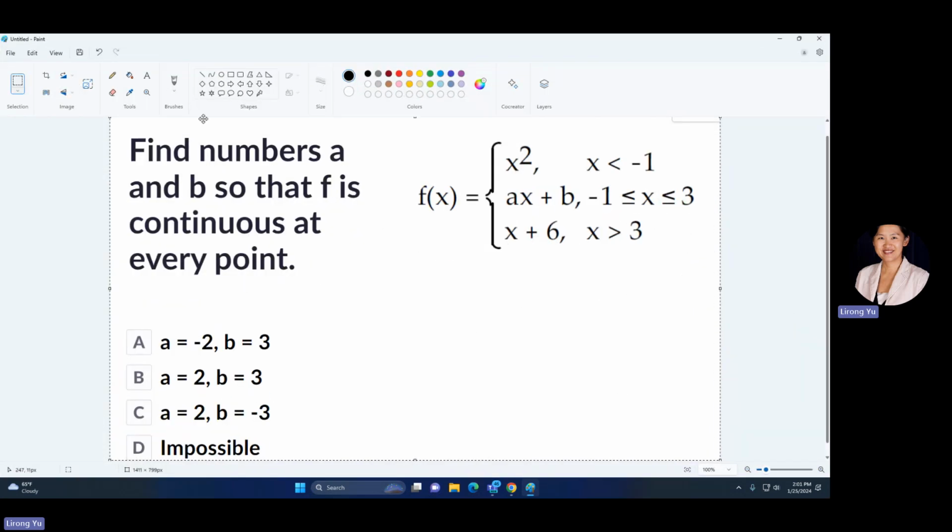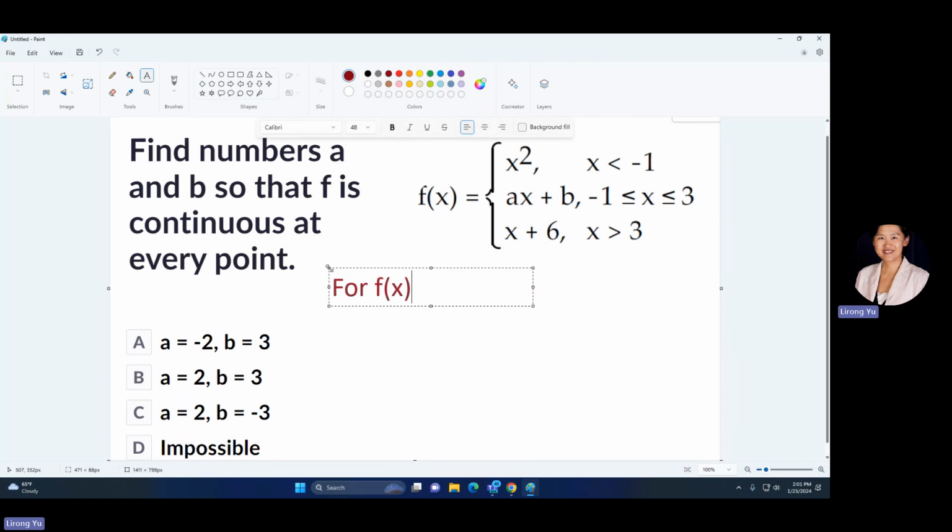For example, we would say for the function f of x to be continuous at x equal to -1, we need to have the left hand limit equal to the right hand limit.